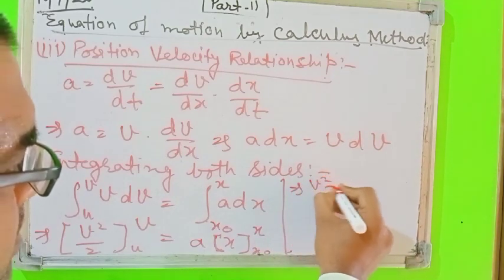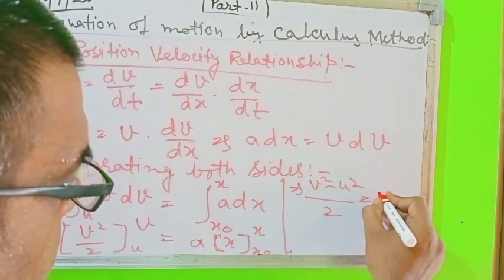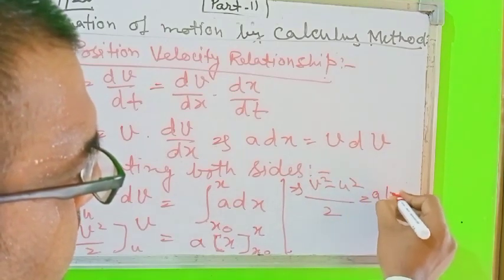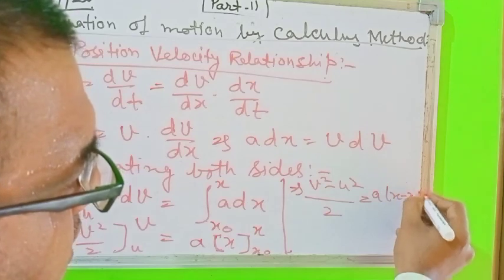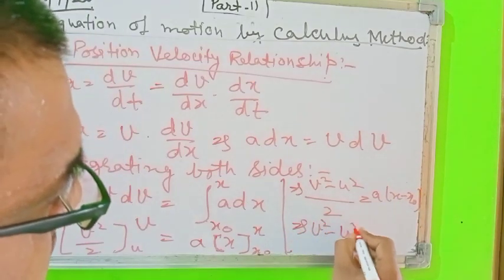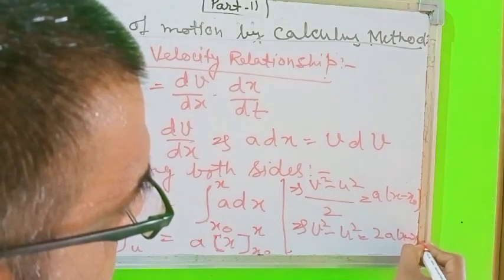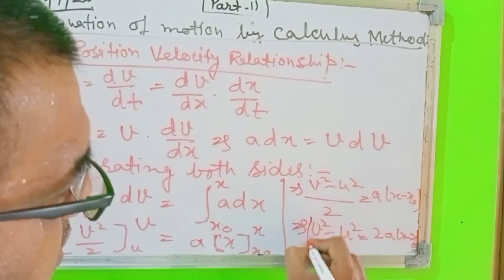From here you can write it as v square minus u square upon 2 is equal to a into upper limit minus lower limit, that is x minus x naught, and v square minus u square is equal to 2a into x minus x naught.